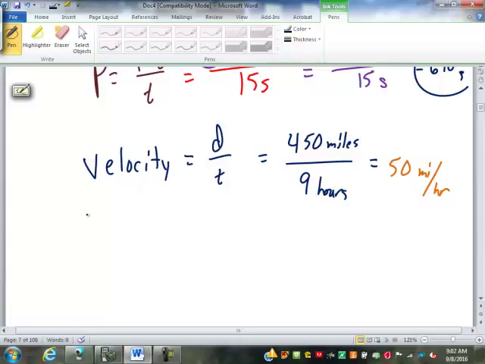Two of our basic formulas, voltage is equal to current times resistance. So that's voltage, current, and resistance.